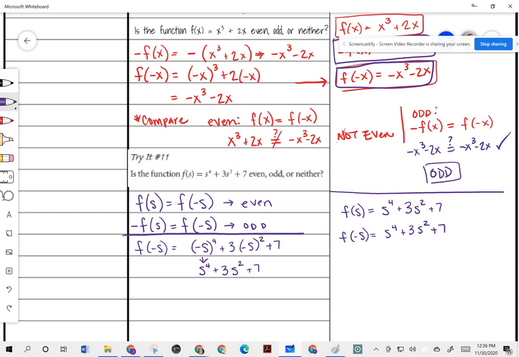So you actually see already that those are equal, but I'm just going to go ahead and finish this out. Negative f of s, which is the opposite of the original s function, and if I were to distribute, then I have this notation over here. And so now we compare.